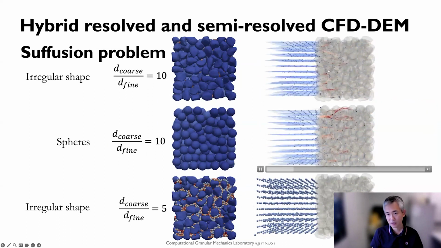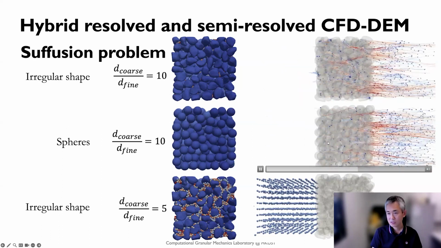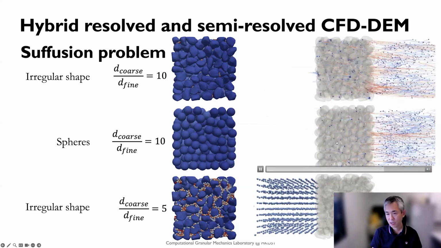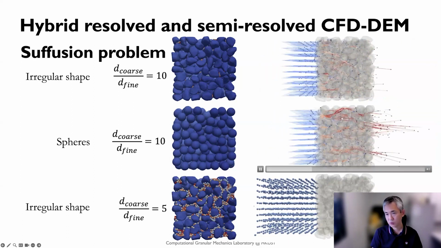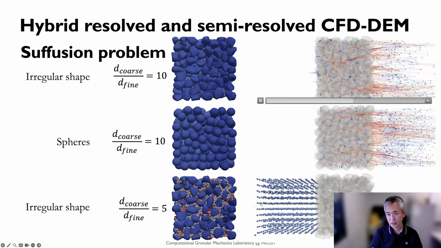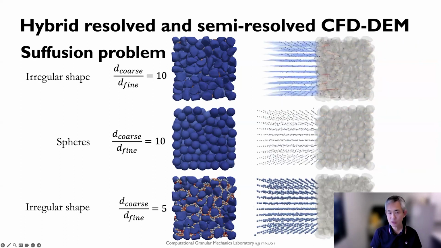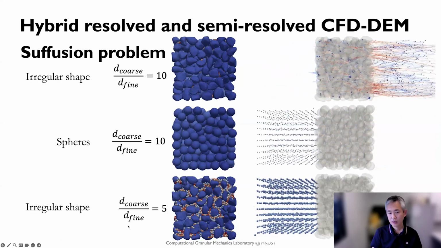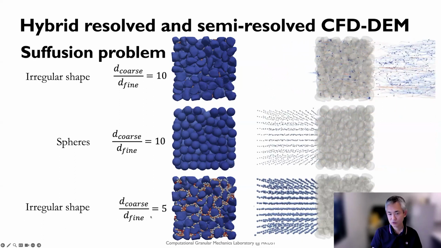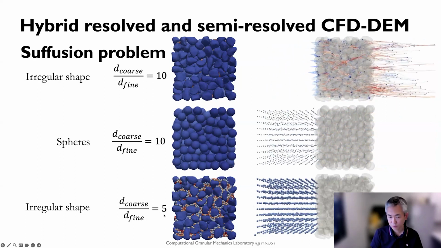As you can tell, compared to the top part, a very small number of fine particles will be trapped when they go through, compared to the top one here. But now if we change the particle size ratio, we let the coarse particle and the fine particle size ratio be reduced to 5.